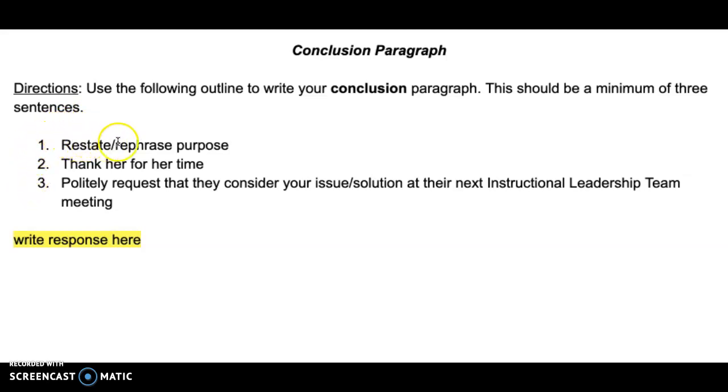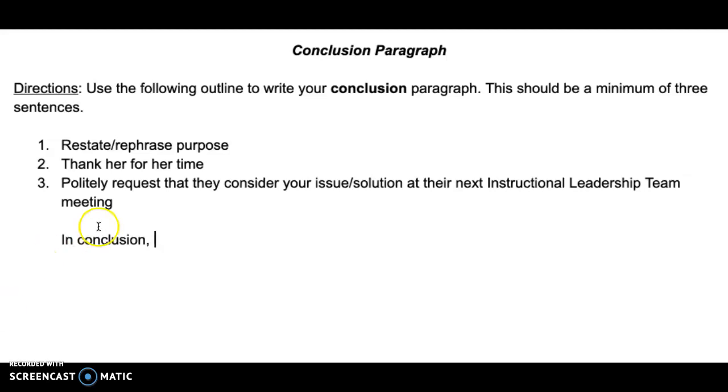The first part is to restate or rephrase the purpose or claim. I'm going to thank her for her time and politely request that they consider your issue solution at their next instructional leadership meeting. I'm going to write the conclusion paragraph here, and I want you to copy what I write. Okay, because I'm switching now to my conclusion, I'm going to use transition words in conclusion.